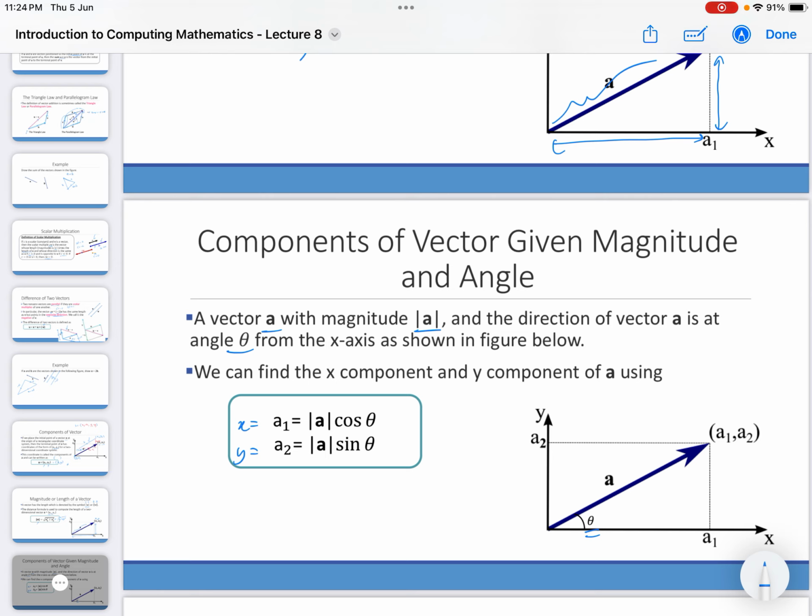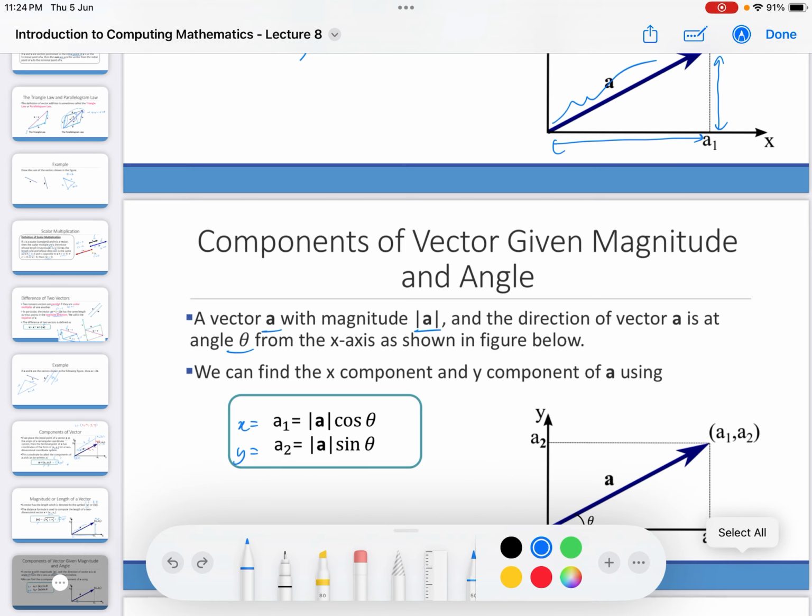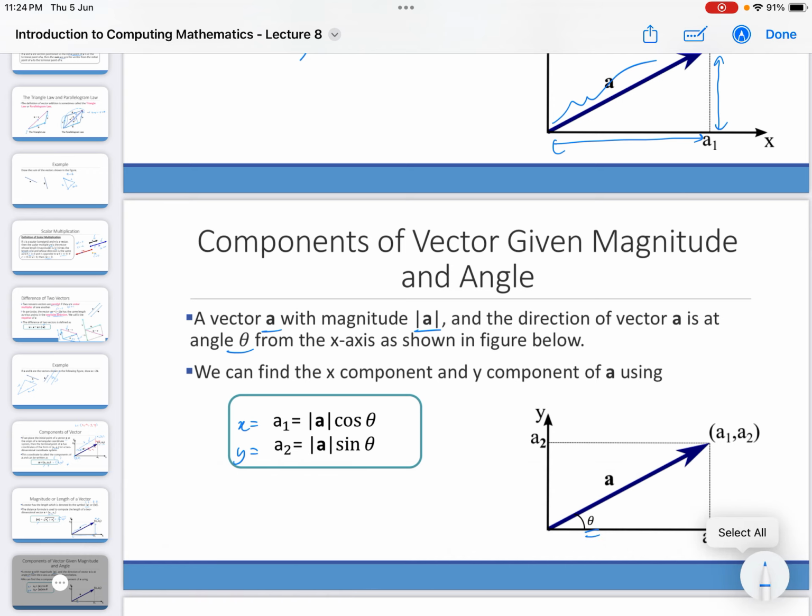If you remember the trigonometry, we have this formula. We have sin theta equals y over r, and cos theta equals x over r.